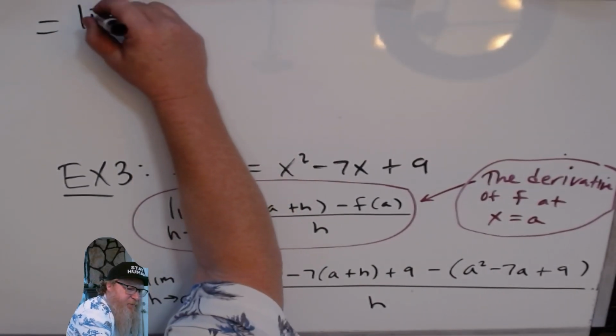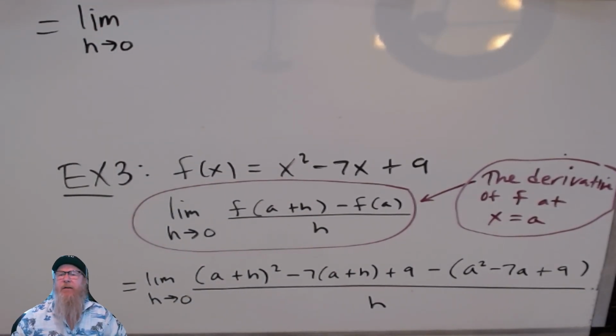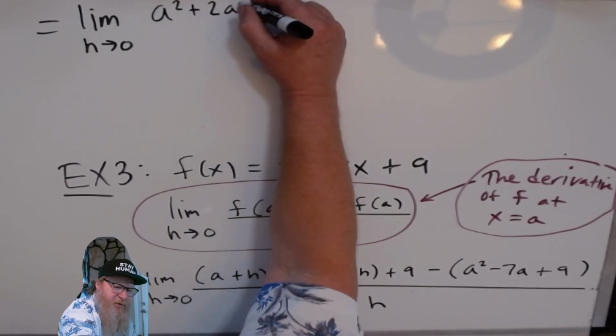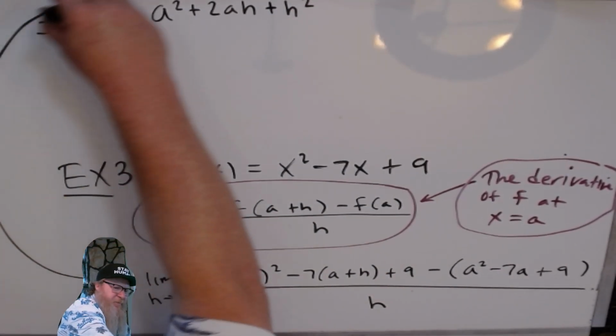We've seen this before. a squared plus 2ah plus h squared.